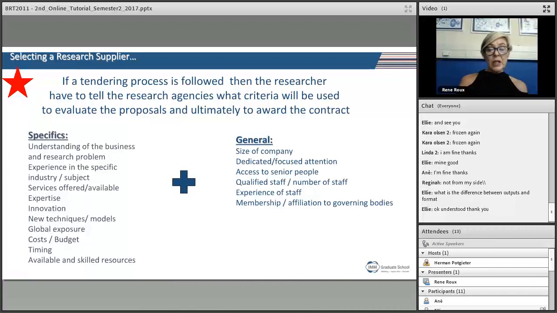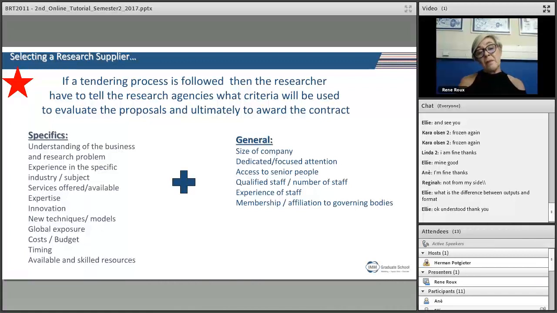Then the research manager, there's the research executive, there's the research admin person, depending on how big the team is. It will give you a very good idea, if you're not familiar with the research supplier, what sort of experience the staff have that will work on your project, how many and how qualified.